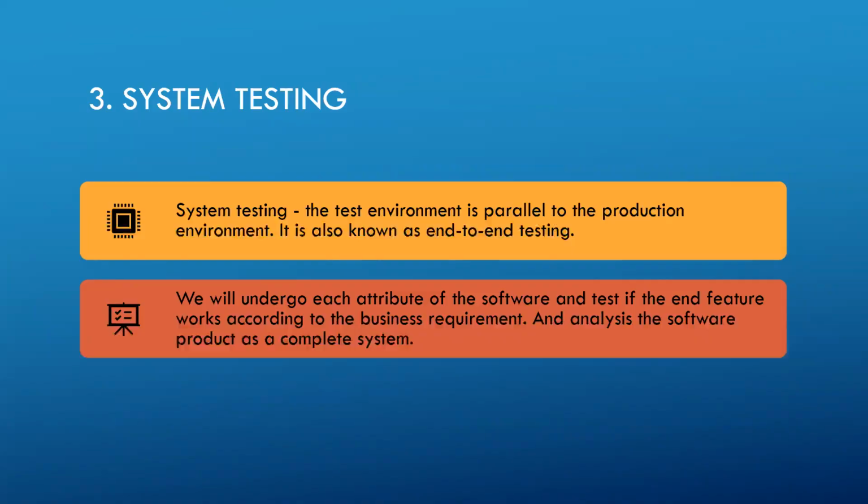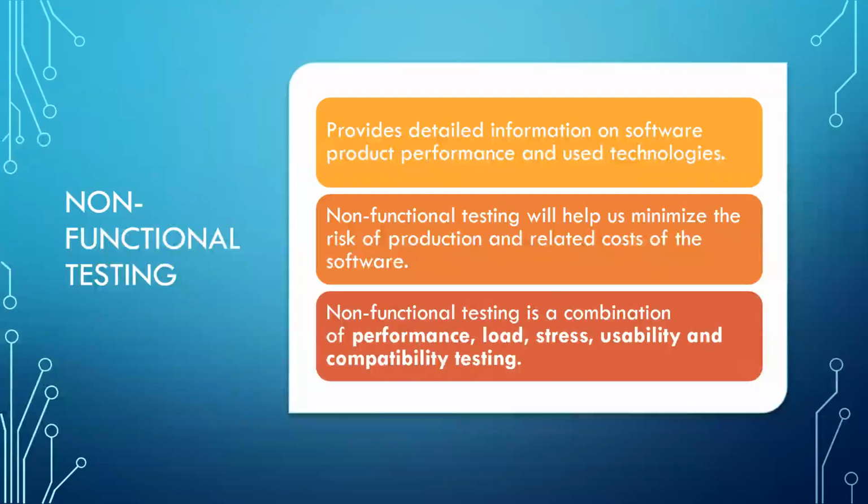Okay. So this is about system testing. We talked about functional testing and the different types of functional testing that we have. Now we are going to talk about non-functional testing.